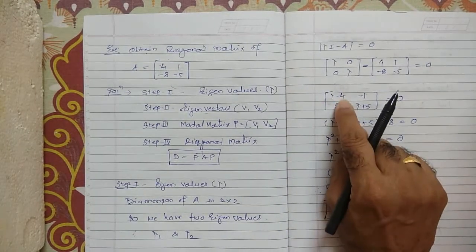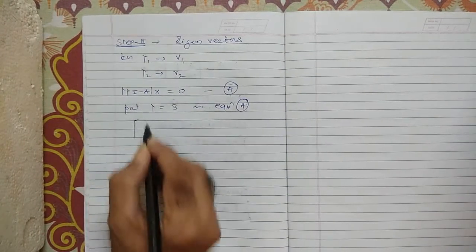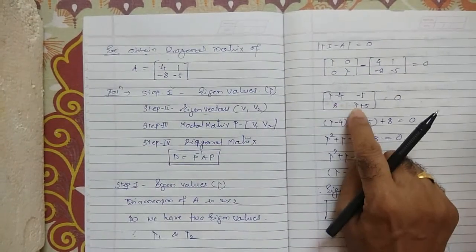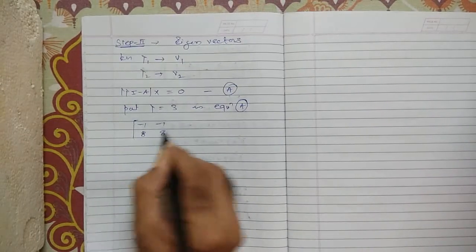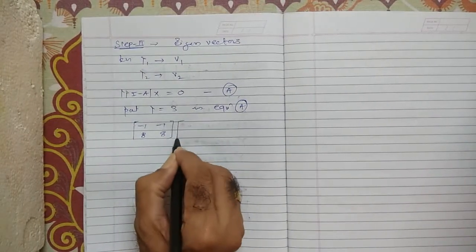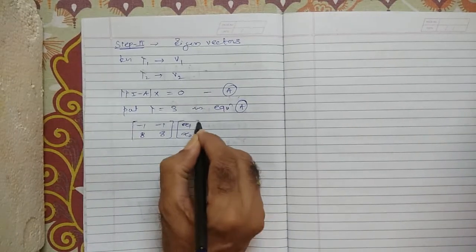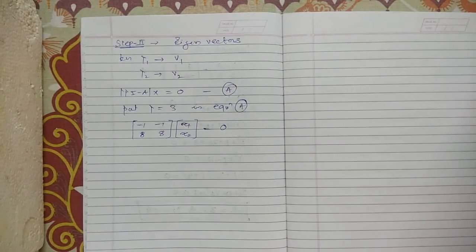So 3 minus 4 is minus 1, minus 1. Then 8, and 3 plus 5 is 8. Multiplied by this x. X means our state vector or the state variable. It equals 0.